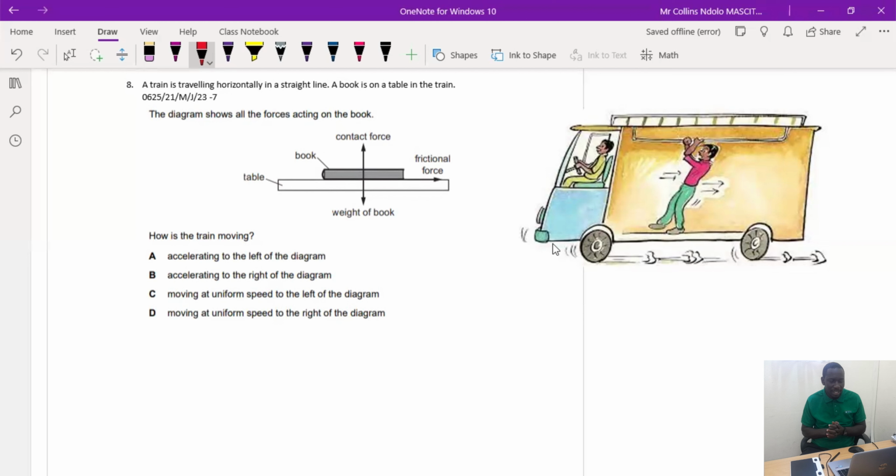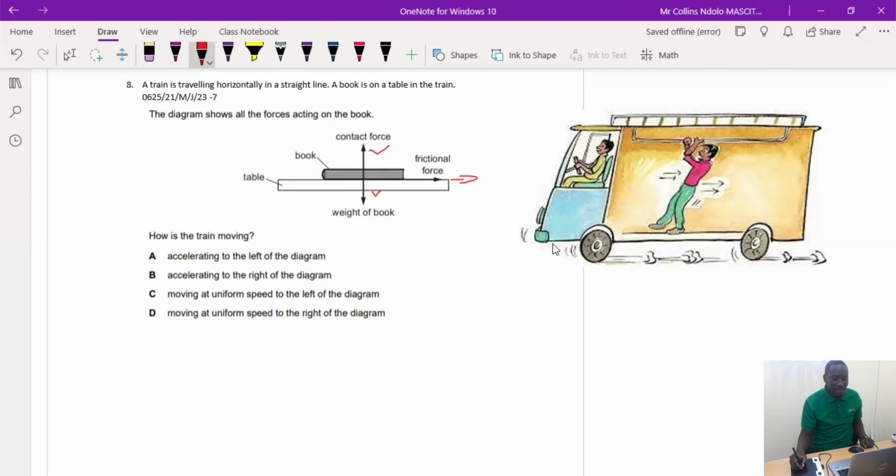All right, now let's analyze. I can see here by the look of the magnitude of the contact force and the weight, the contact force balances the weight. That means this body cannot move downward, cannot move upward, because the vertical forces are balanced. Let's look at the horizontal forces. The horizontal forces are not balanced because we have friction force that is acting in this direction.